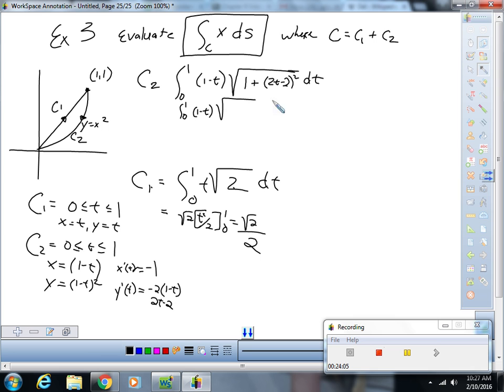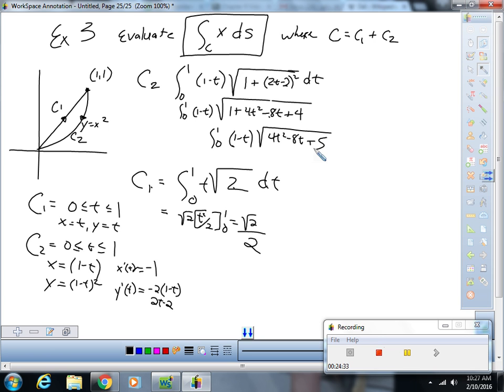Let's just expand it just to see what it would look like. 1 plus 4t squared minus 8t plus 4. Okay? And then at that point I would just put it in my calculator. You're going to be doing a lot of that.